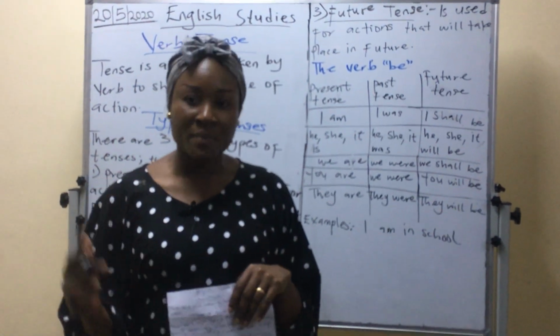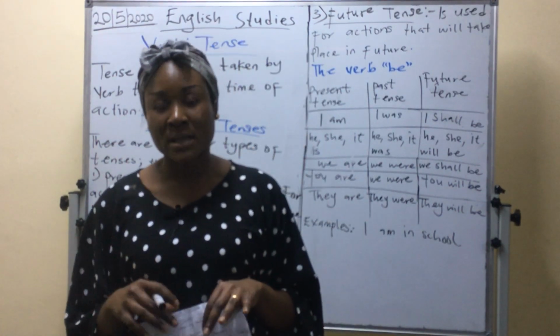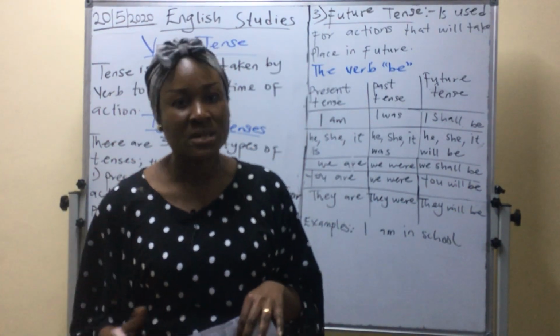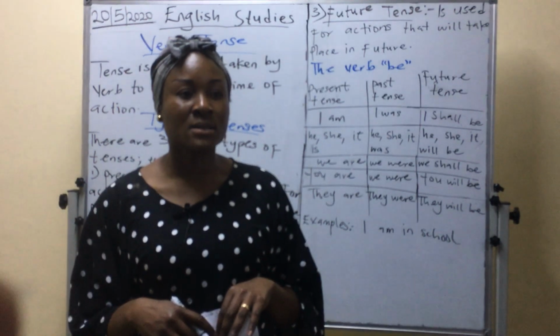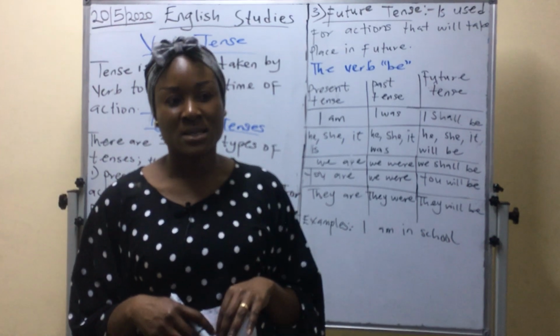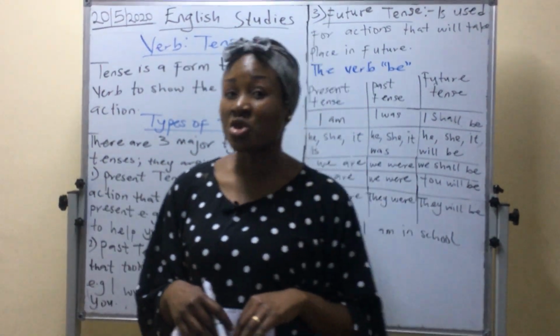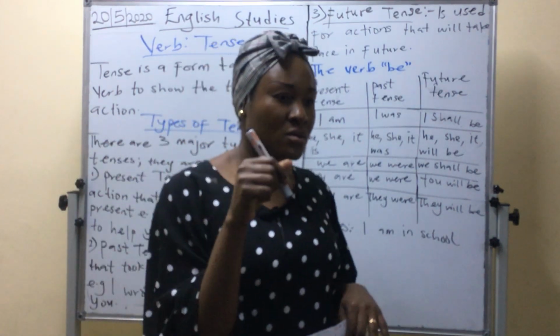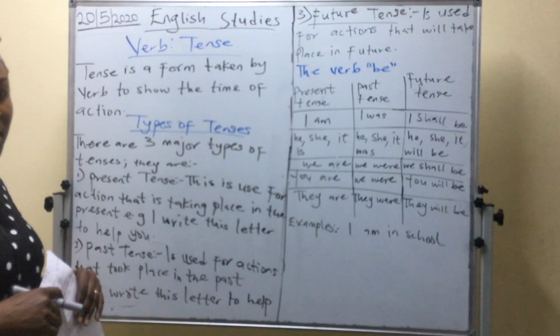Tense is the form that the verb takes to show when an action took place or takes place or is taking place. Remember, when we were defining a verb, we said that verb is an action word or a doing word. So tense is showing you when that action will take place or is taking place or will be taking place.